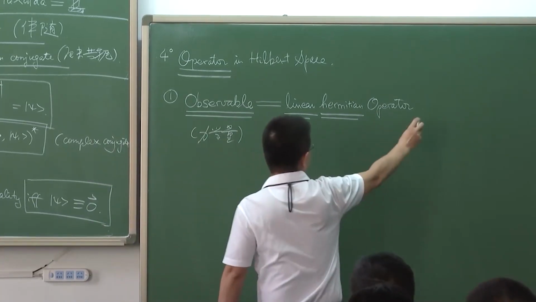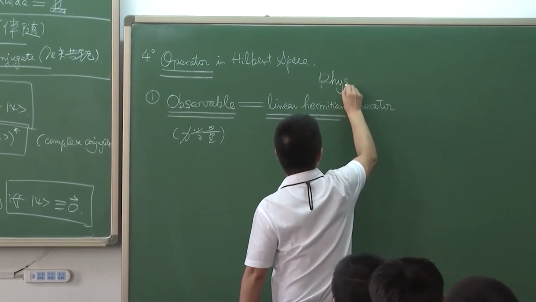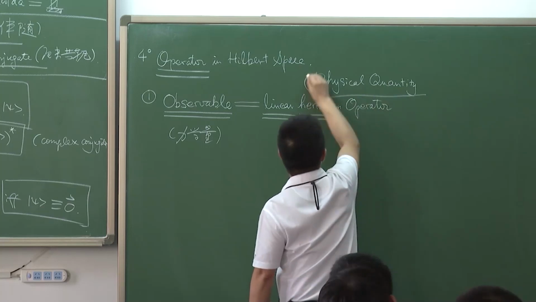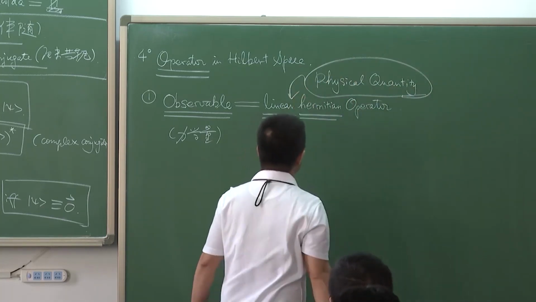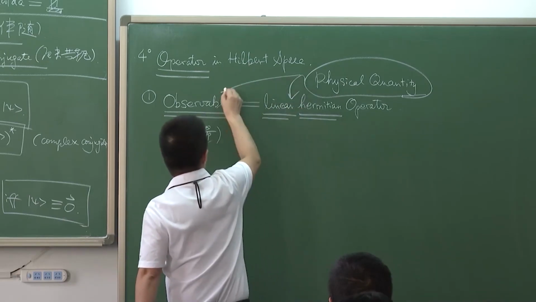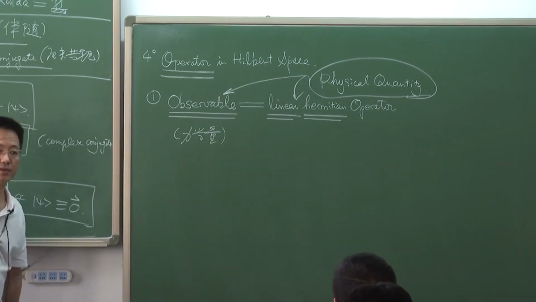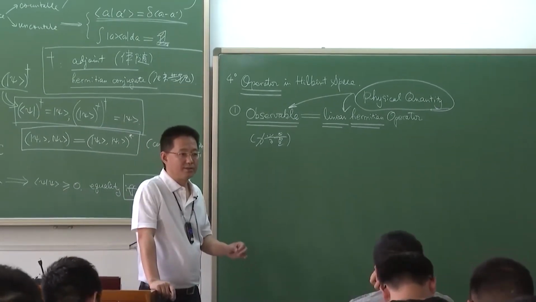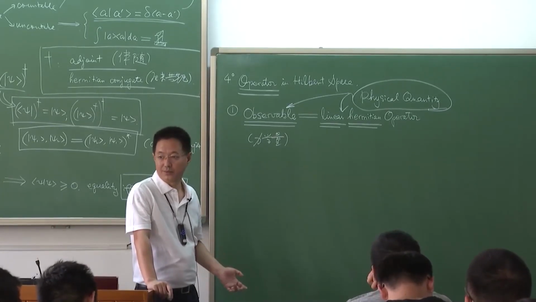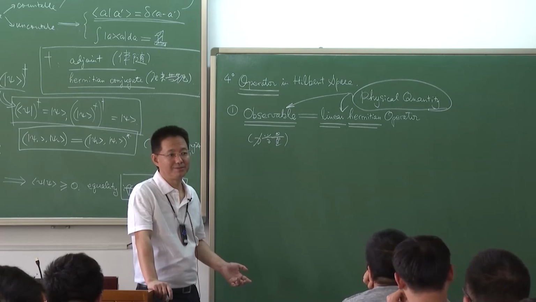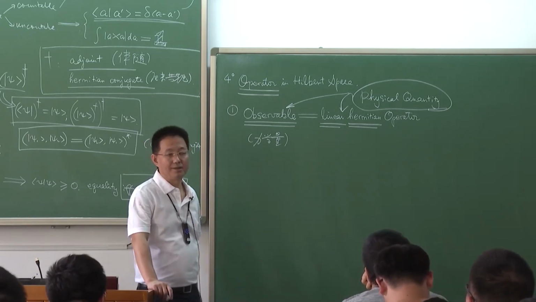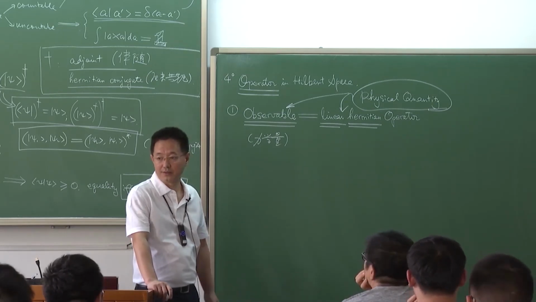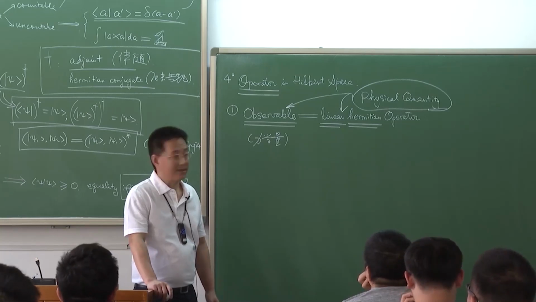And so the physical quantity is the linear Hermitian operator, and this operator is called the observable. I think that I have given you a very clear explanation of what is a physical quantity, what is a linear Hermitian operator and what is an observable. Okay? You got my point? Yes, and that is the second postulate, the fundamental postulate 2 in quantum mechanics.